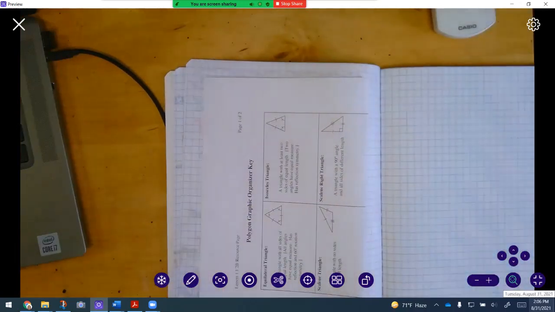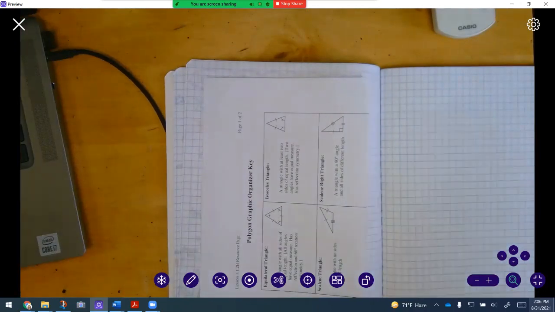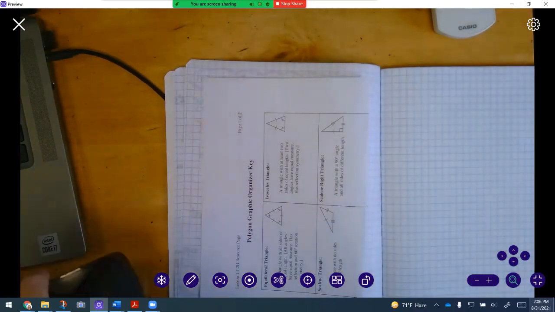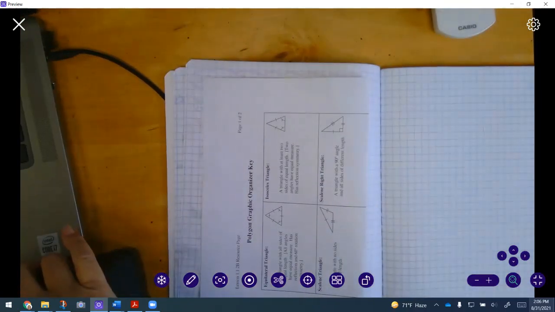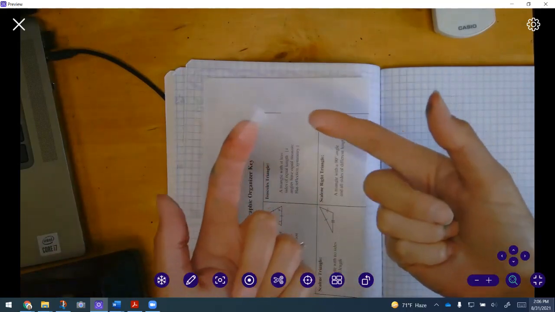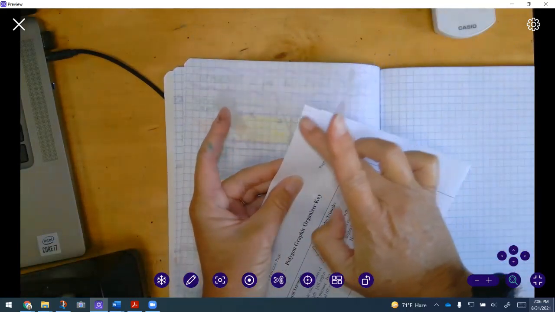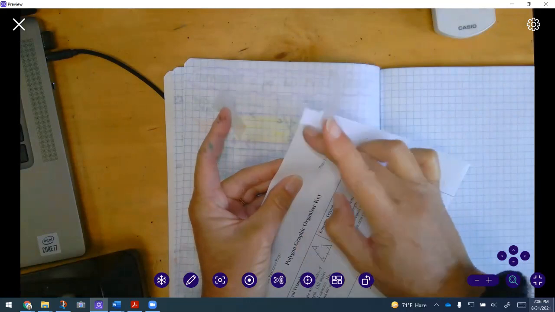So I'm going to get my tape. And I'm not taping the whole thing. I'm just going to tape two little pieces of tape. I don't want to put it across here, or else it won't be able to open nicely.